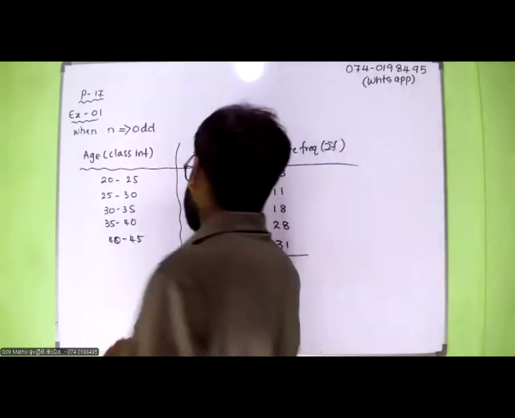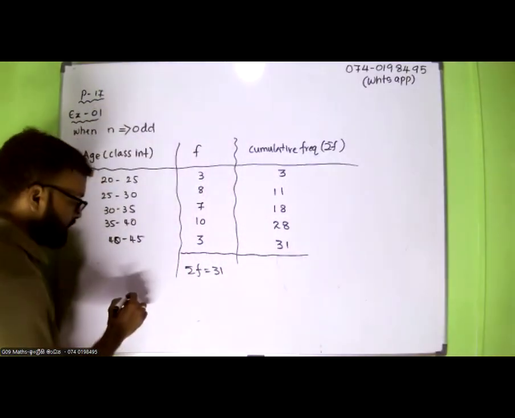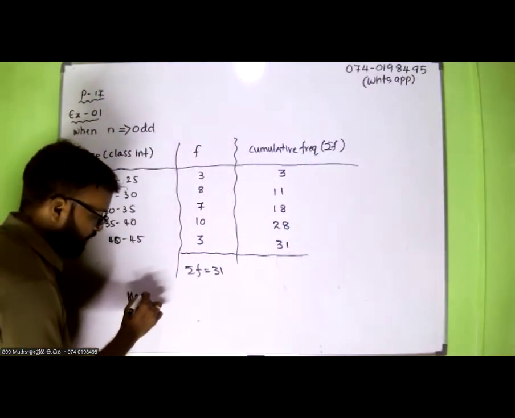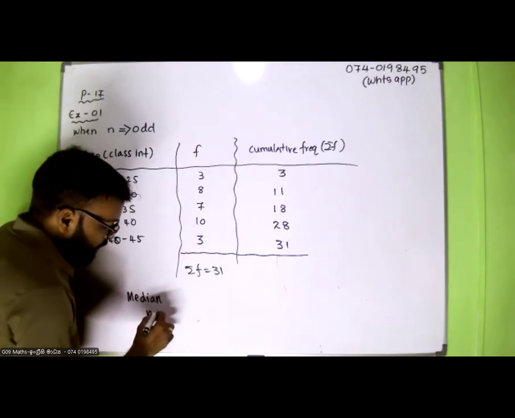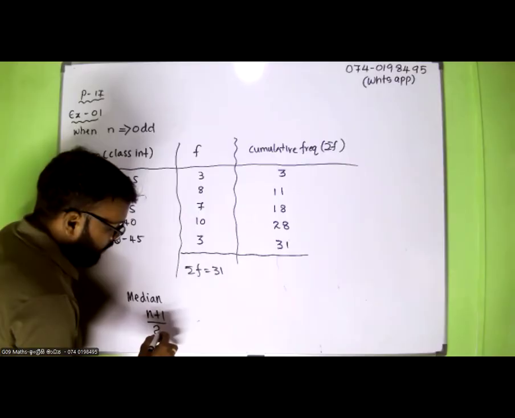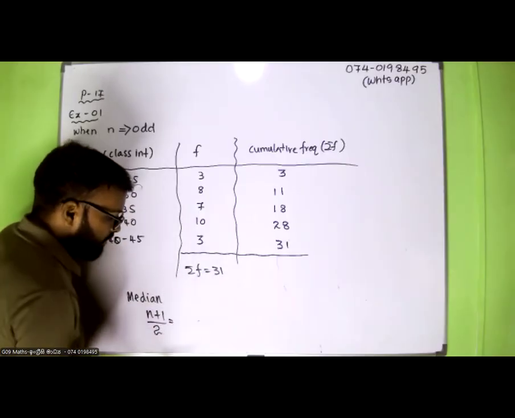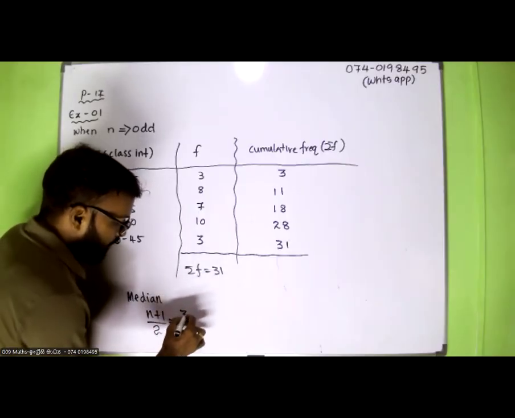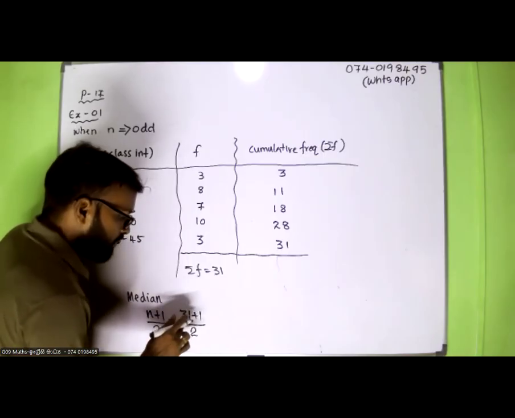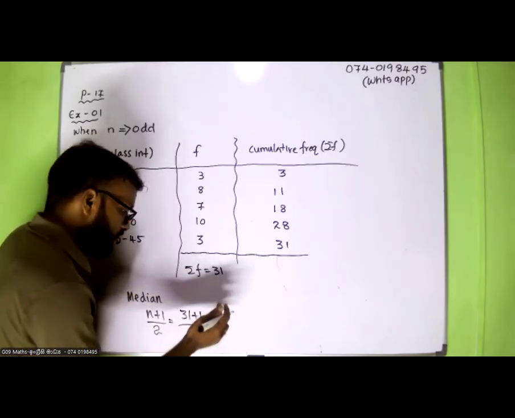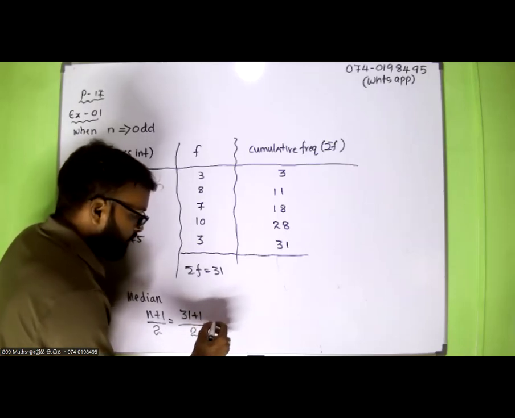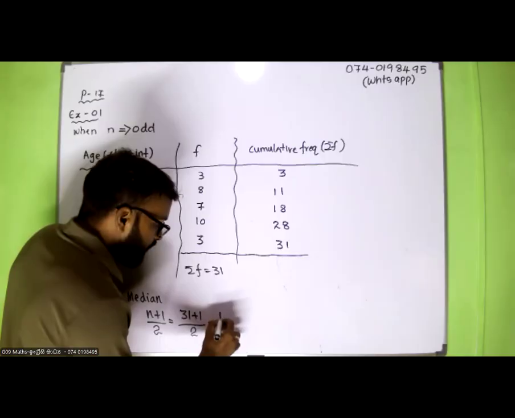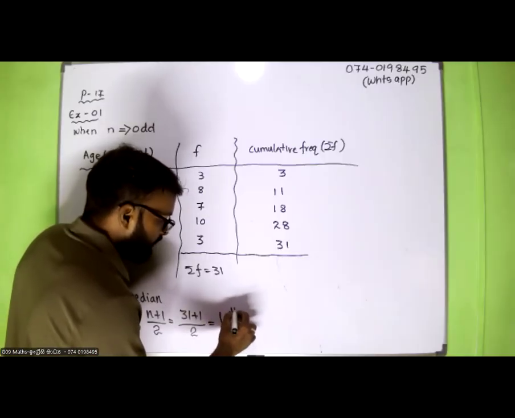If you have an odd number, you can find the median place like this: n plus 1 divided by 2. So what is n? n is 31. 31 plus 1, 32, divided by 2. It is 16. 16th place.